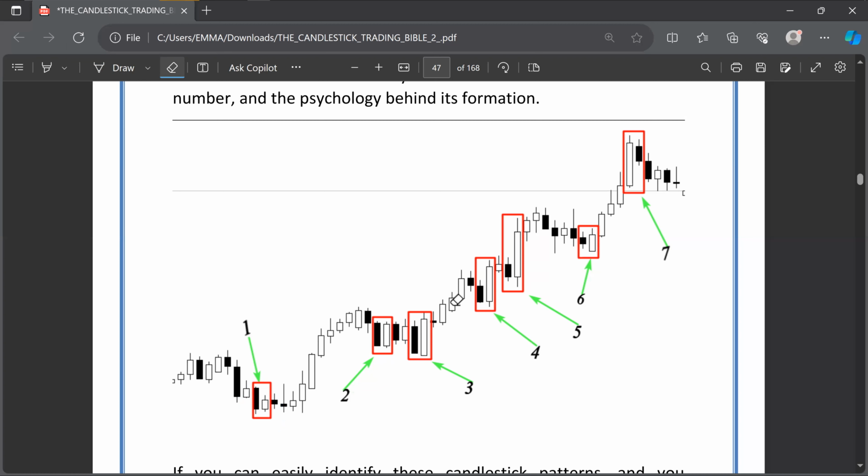So the first one, number one, pointing to that box, the one in red ink. This one. Who can tell me what kind of pattern this is?